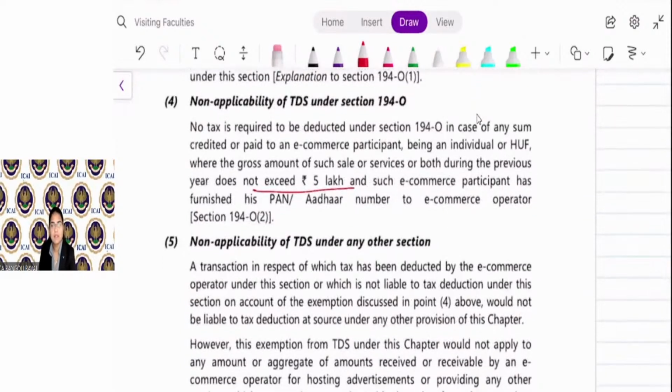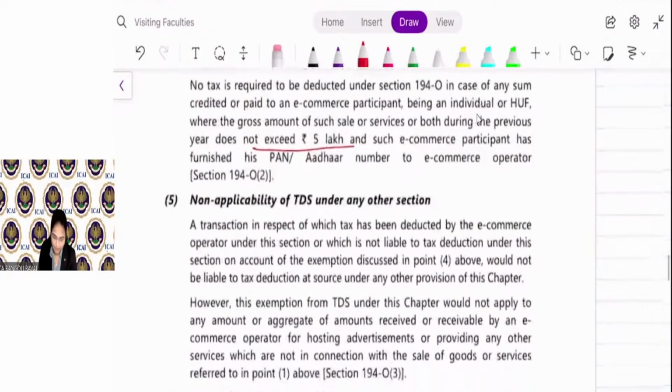E-commerce participant has to furnish his PAN or Aadhaar to the e-commerce operator. Non-applicability of TDS under any other section. If the e-commerce operator is required to deduct TDS under section 194O, then he is not required to deduct TDS under any other provision of this chapter, that is under any other sections.